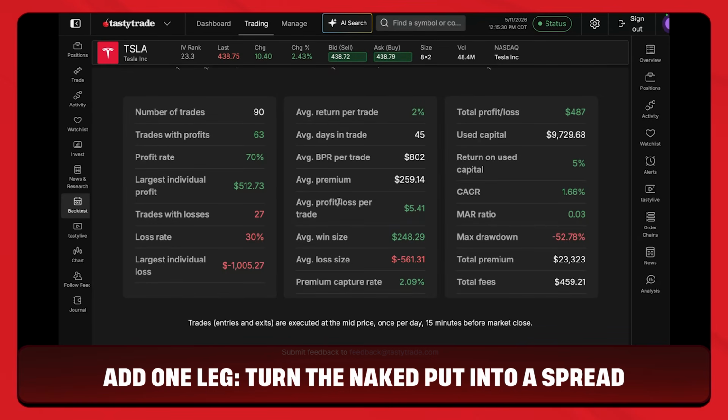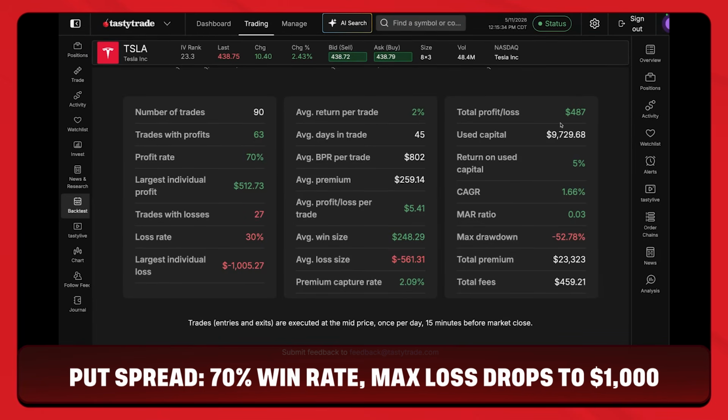No, I do not. My return on capital, remember the naked short put was over 7%. This is only 2%. So it's not nearly as high, mainly because I'm collecting a much smaller credit for selling the put spread than the naked put. So the P&L is smaller, the return on capital is smaller, average premium is smaller, all this stuff is smaller.